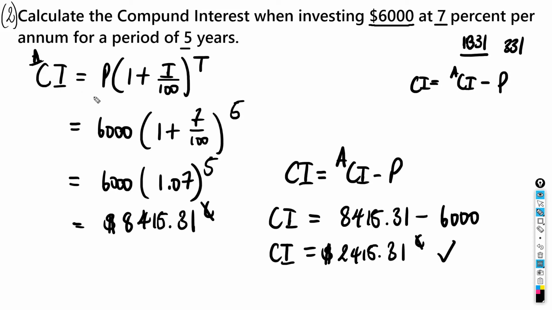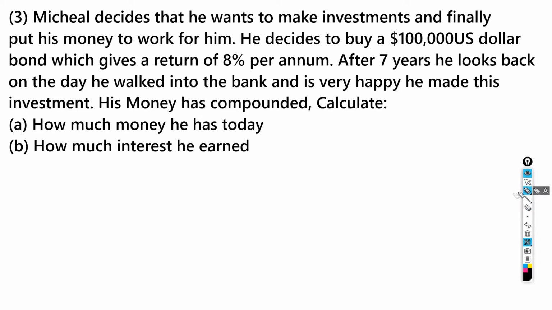All right, so great. Let's look at one more example. Back in the next question now, let's read the question. It says, Michael decides that he wants to make investments and finally put his money to work for him. You can really put your money to work for you, guys.